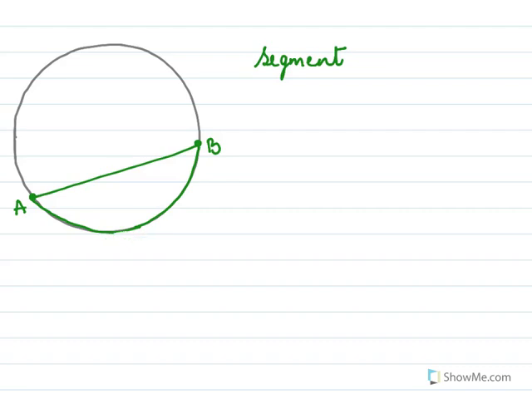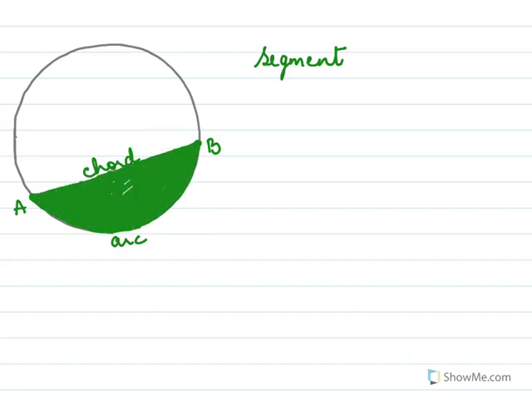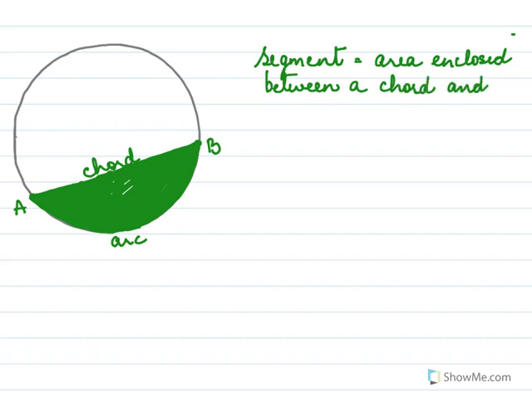The area enclosed between the chord and the arc is called a segment. So here is the segment, this area. If I were to define the segment, it is the area enclosed between a chord and arc of a circle.